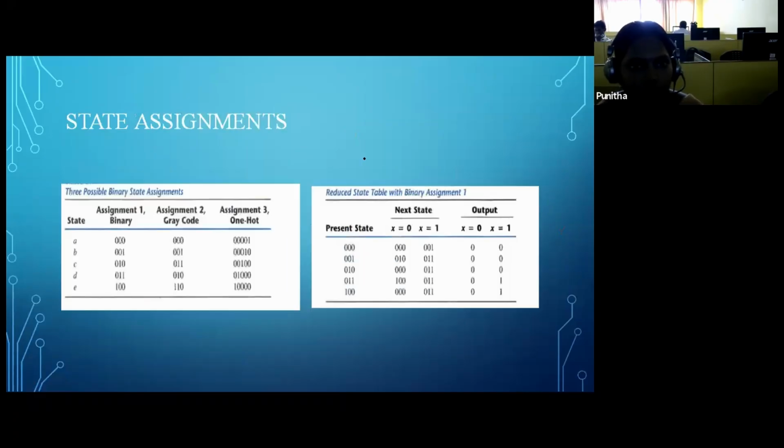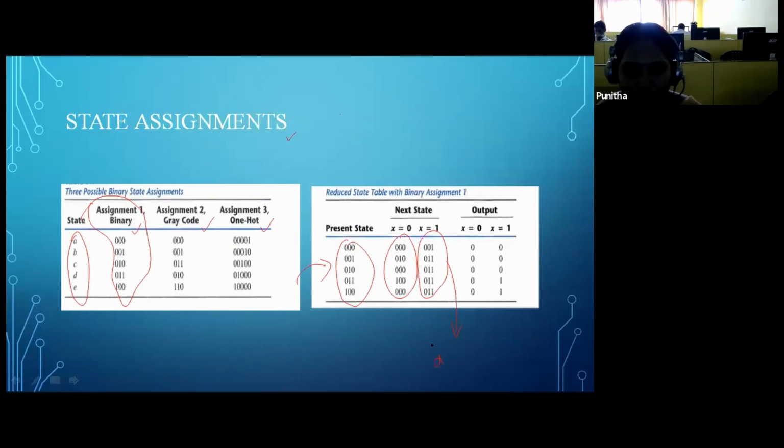The next one is state assignment. Any state will be replaced by some other assignment, and that concept is called state assignment. Here we have assigned binary values to the corresponding states, so the representation looks binary. Behind this the state is working the same; only the representation differs.